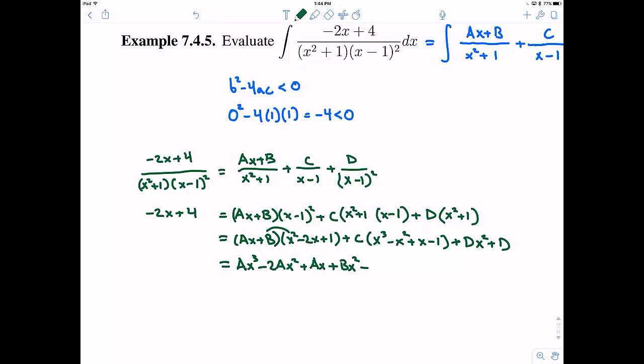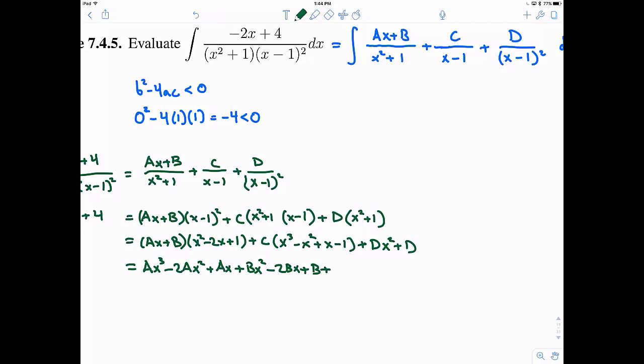That's bx squared, minus 2bx, and then plus b. And then finally, we'll distribute the c terms: cx cubed minus cx squared plus cx minus c. And the d stuff stays the same.